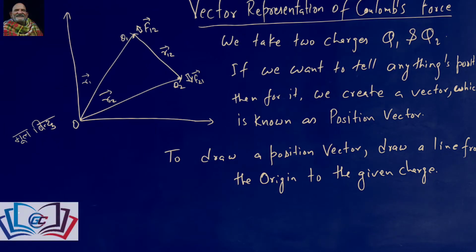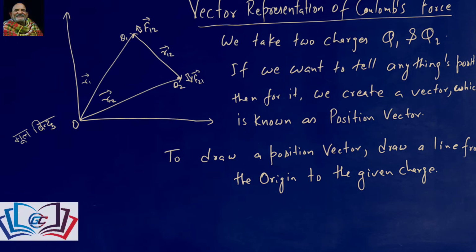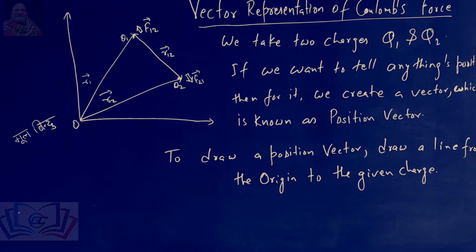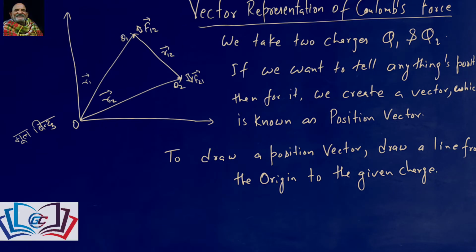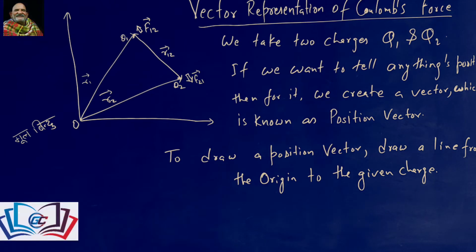To draw a position vector, draw a line from the origin to the given charges. So we draw a line from O to q1 and to q2 and name them r1 and r2. We give an arrow on r1 and r2 also. So it represents r1 and r2 as position vectors.